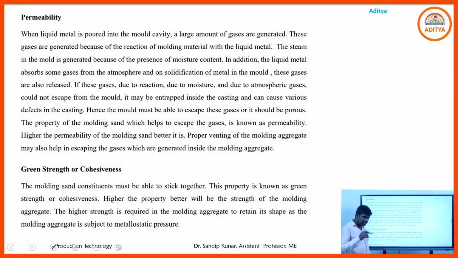Permeability. When we pour the molten metal into the mold cavity, heat will be extracted when it comes to the mold surface. Gases will be formed in the mold cavity, and when gases, water vapor or moisture are created, they try to come out of the mold cavity.